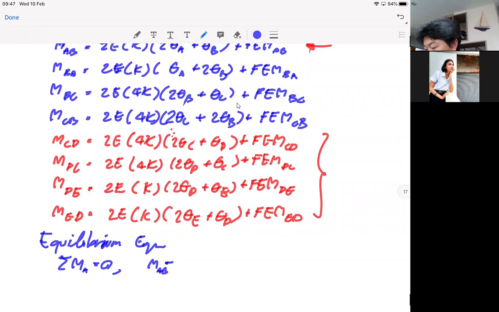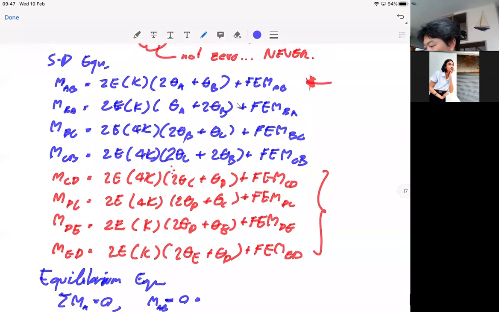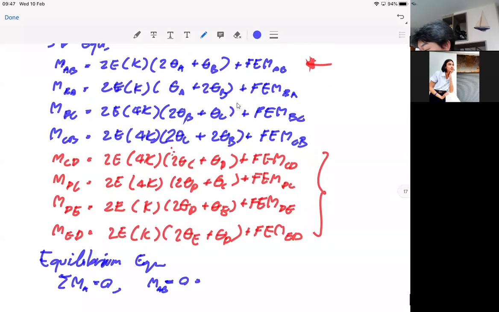MAB equal to 0 and then equal to that one. See? So you're going to have to do something that you don't need to. 4EK theta A, right? Plus 2EK theta B plus FEMAB.